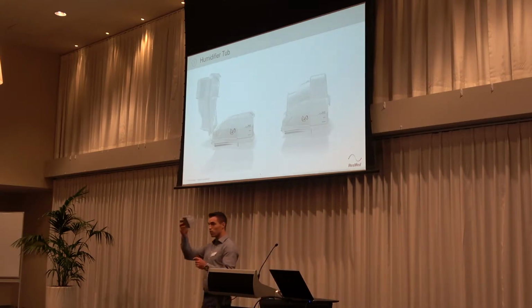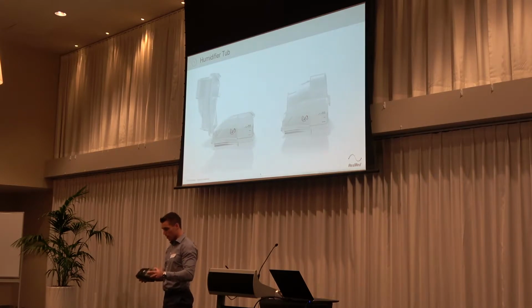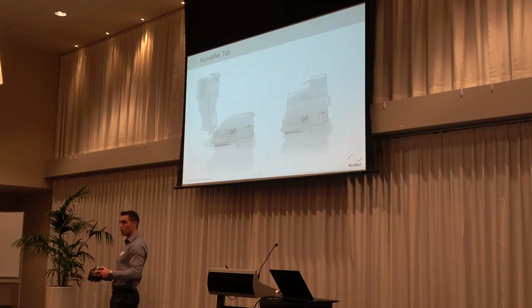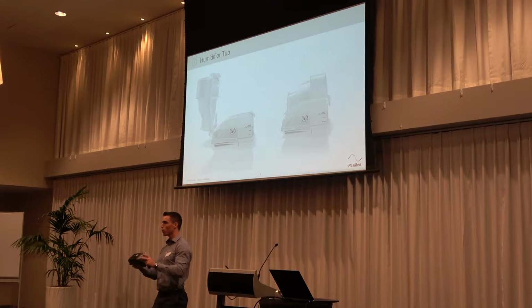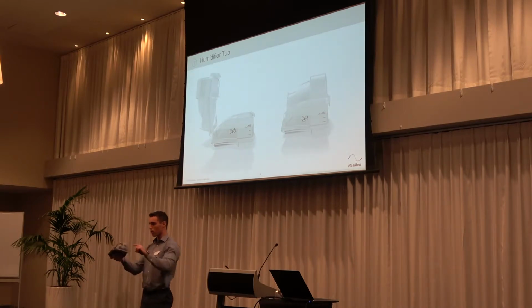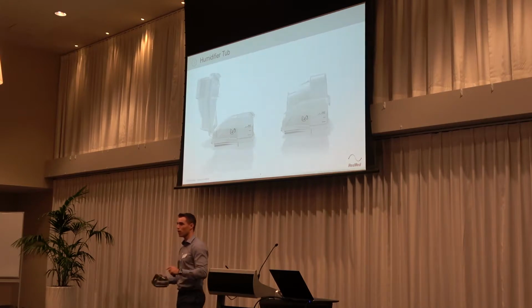Imagine you fill this full of water, put it into your very expensive flow generator, and walk with that to your bedroom. We want to make sure that none of the water leaks out and goes into any of the electronics or motor inside here. We also want to make sure that if you tip it, or it falls off your bed while you're sleeping at night, water doesn't run down the tube and drown the patient. That's probably a little bit more serious.